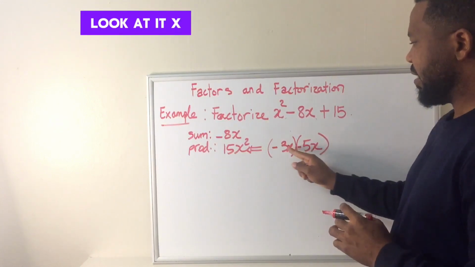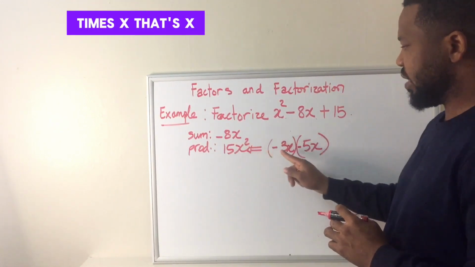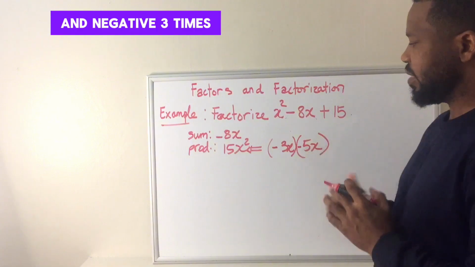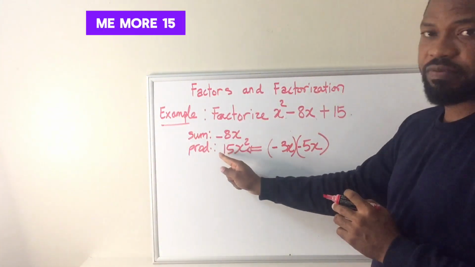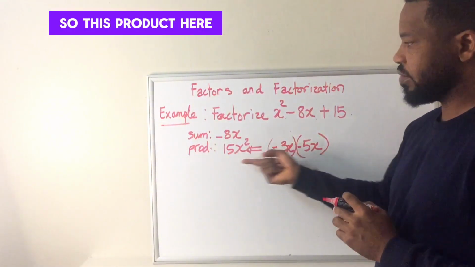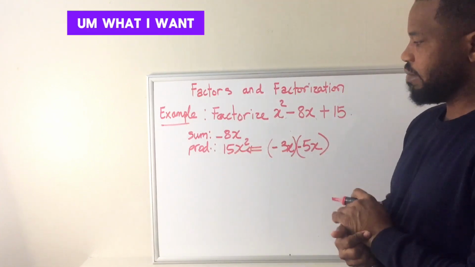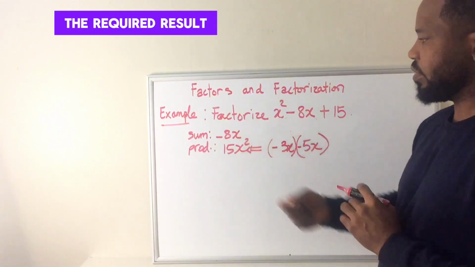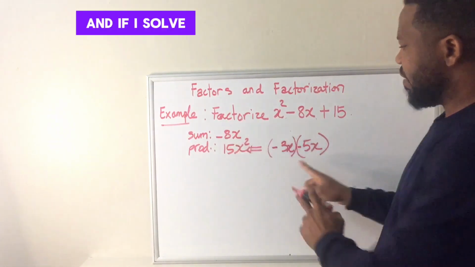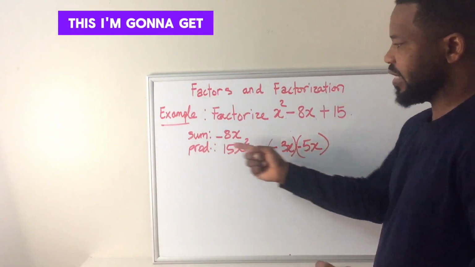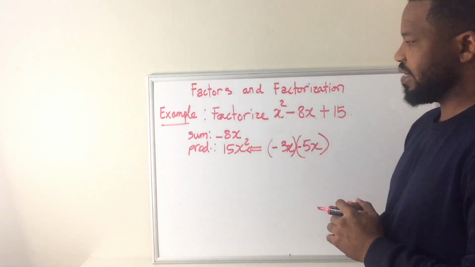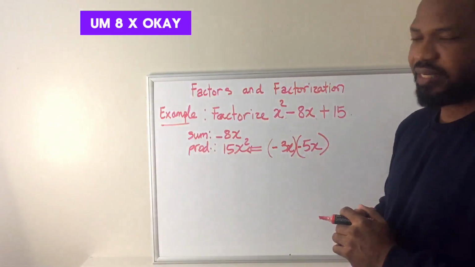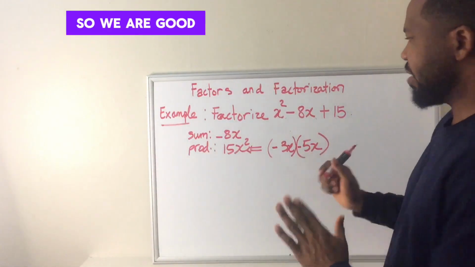Look at it: x times x is x squared, and negative 3 times negative 5 gives me 15. So this product gives me the required result. And if I sum these up, I'm going to get negative 8x. Okay, so we are good to go.